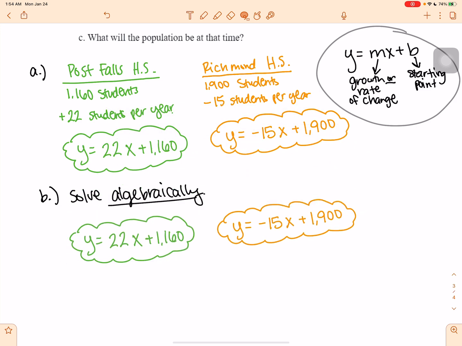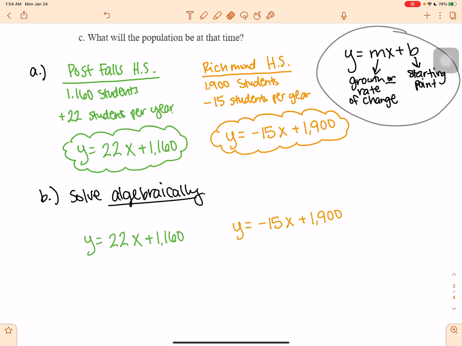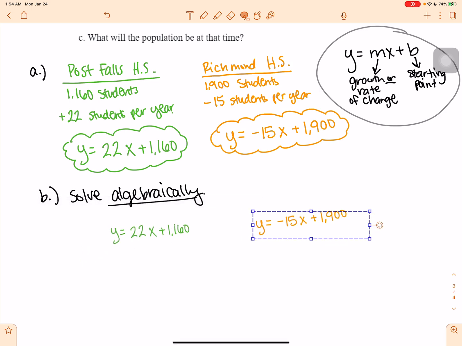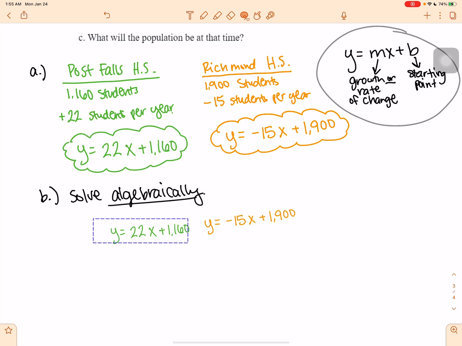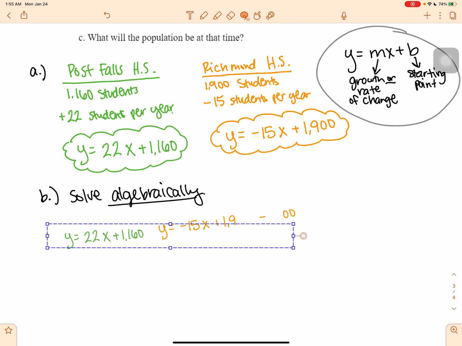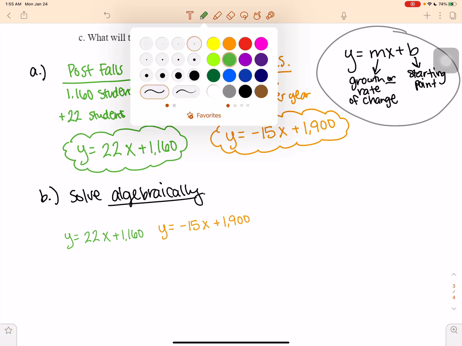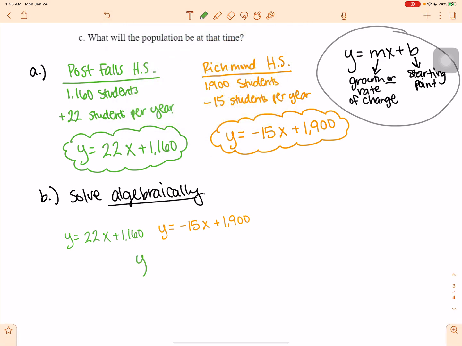Okay, so if we have both of these, right, and we want to set y equal to y. It's going to look like this. So we want to see, okay, when are the y's the same?